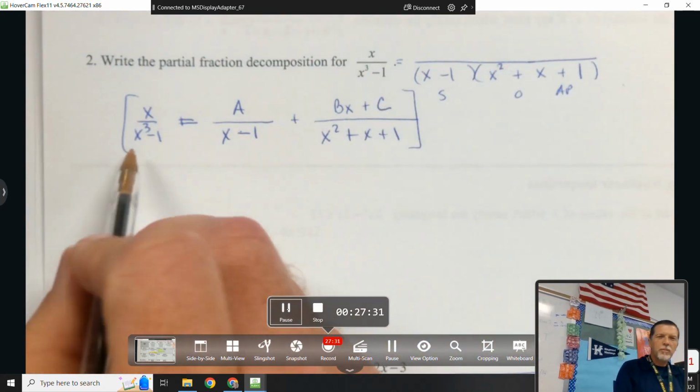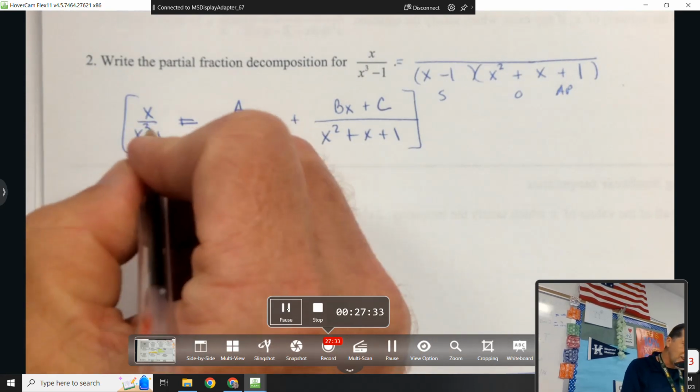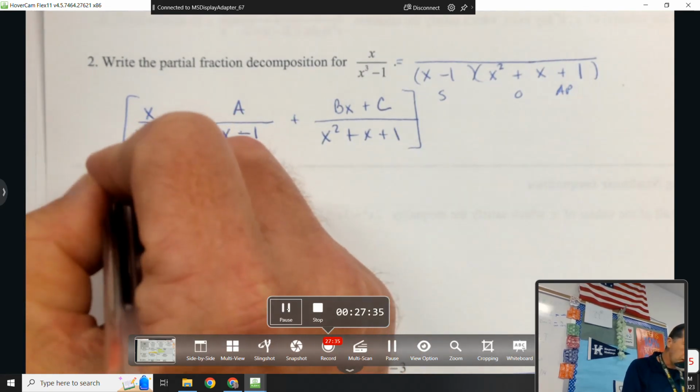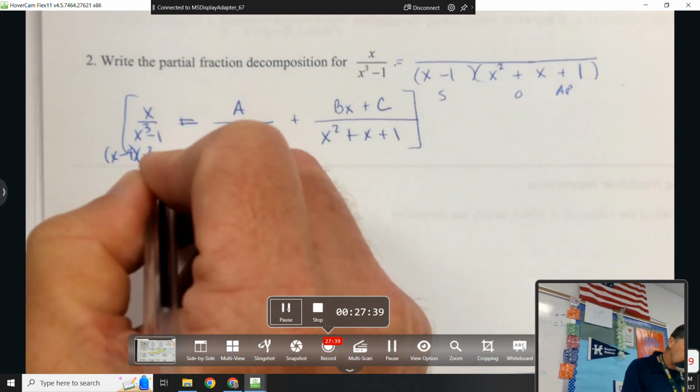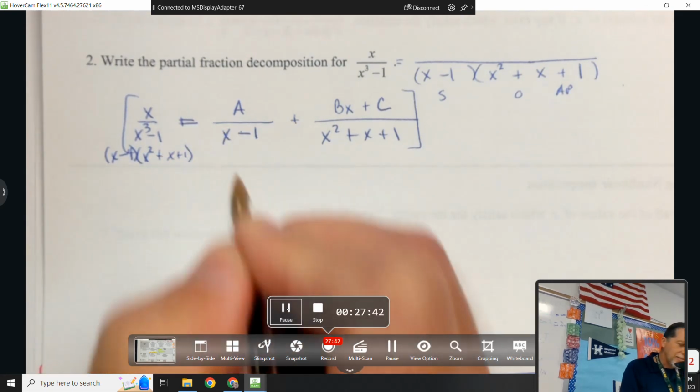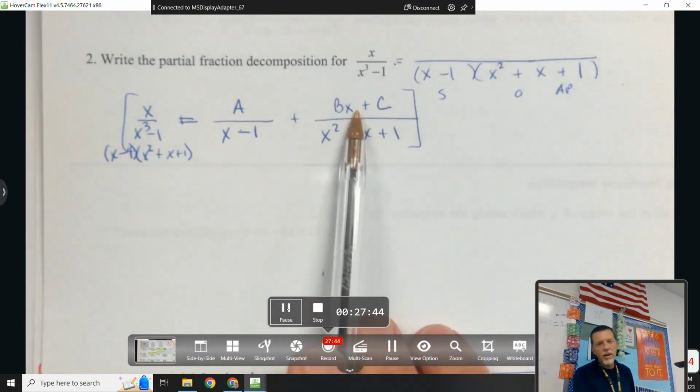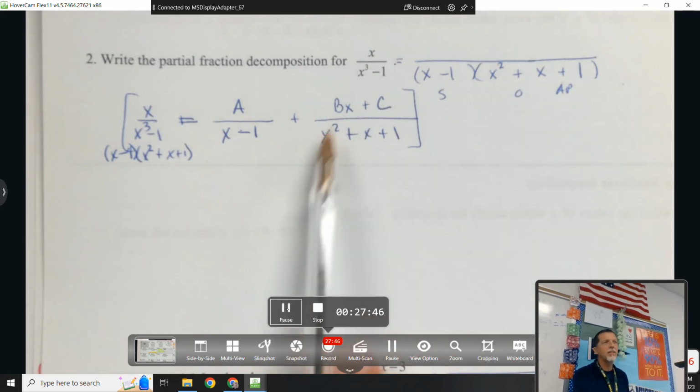Oh, I probably shouldn't have written it like this. It's not wrong, but it might have been a little easier if I'd written it in factored form. Wait, why is it bx plus c again? Your numerator is always one degree less than the denominator.